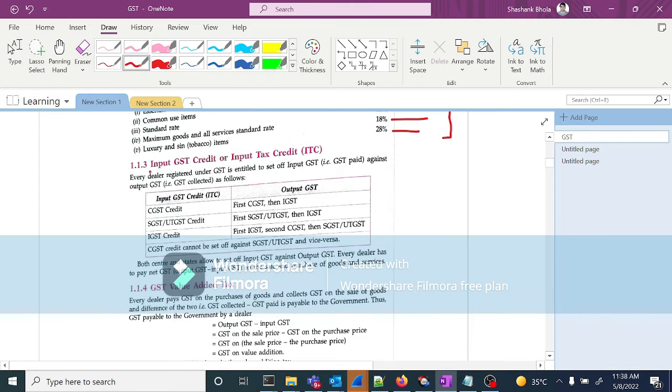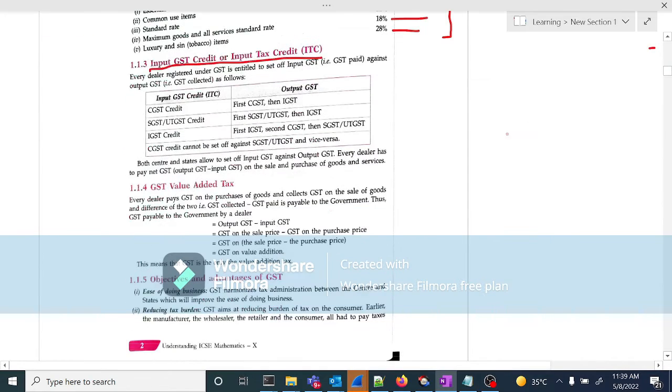So now we'll talk about input GST credit. For input GST credit, I will explain. Suppose there is a dealer, or suppose there is a manufacturer.